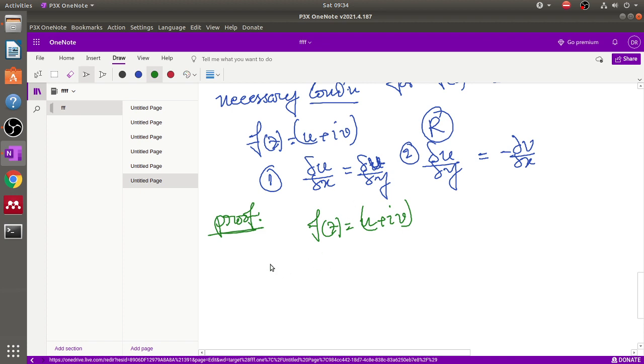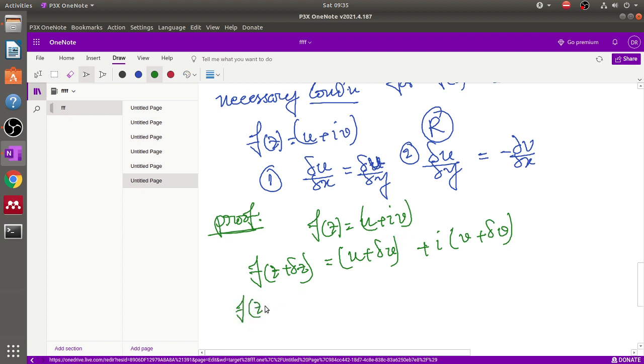So f(z plus delta z) equals u plus delta u plus i into v plus delta v. It's very clear. Now we compute f(z plus delta z) minus f(z) by delta z. Putting in this value, we finally get del u by del z plus i into del v by del z.